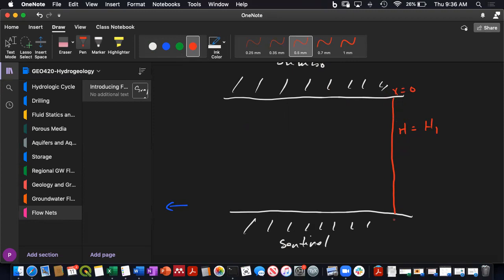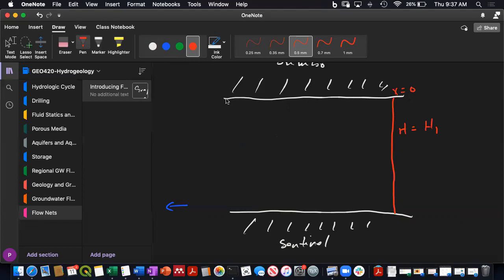I'm going to say I know this. This is called a boundary condition. This is where I know the value of the head. I've drilled some wells. I know what the value of the head is in my aquifer. I'm looking down, this is in plan view. The river's going this way.